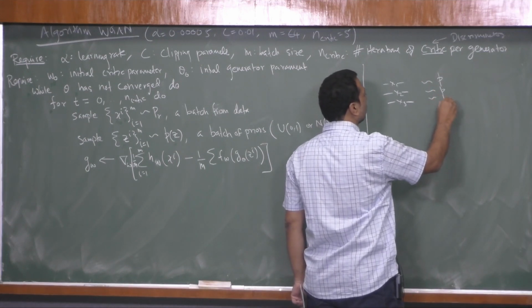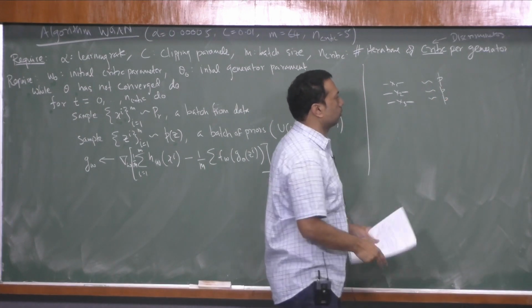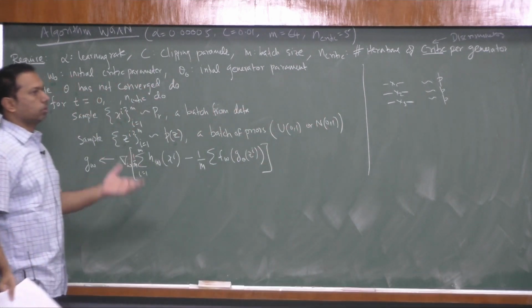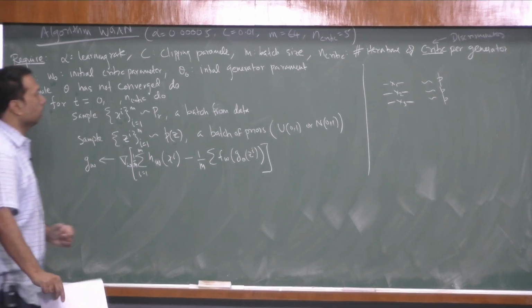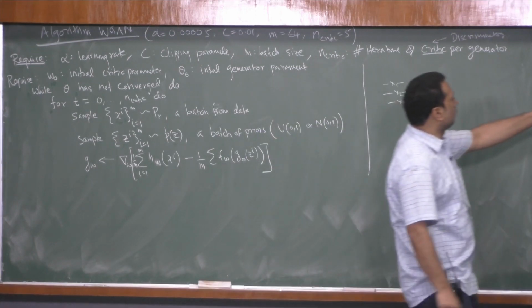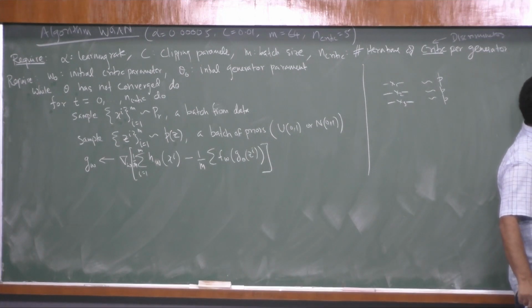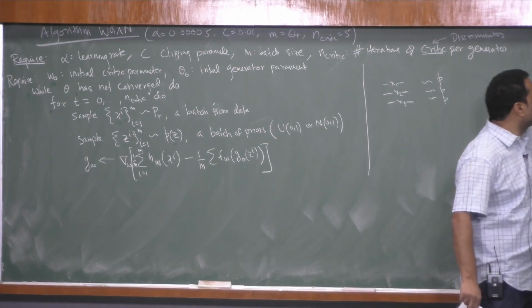This distribution itself I don't know, because P here is some real distribution which I don't know. Even if I know the images, I don't know which distribution they come from. In fact, that's the goal of generative modeling: to understand which distribution the data is coming from. So you may ask how I can calculate the expectation of some samples where I don't even know P.